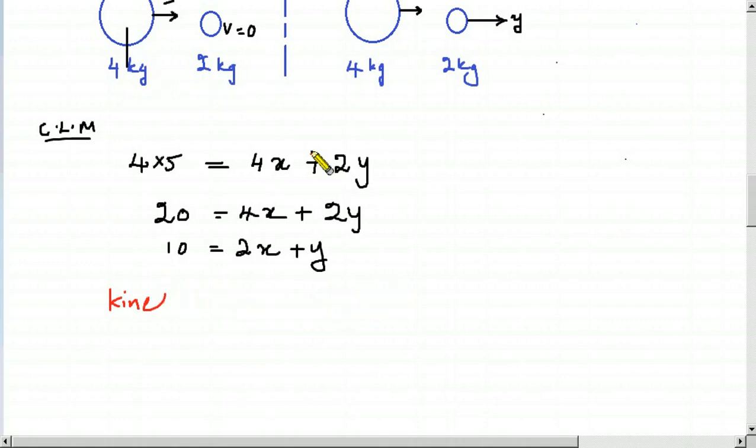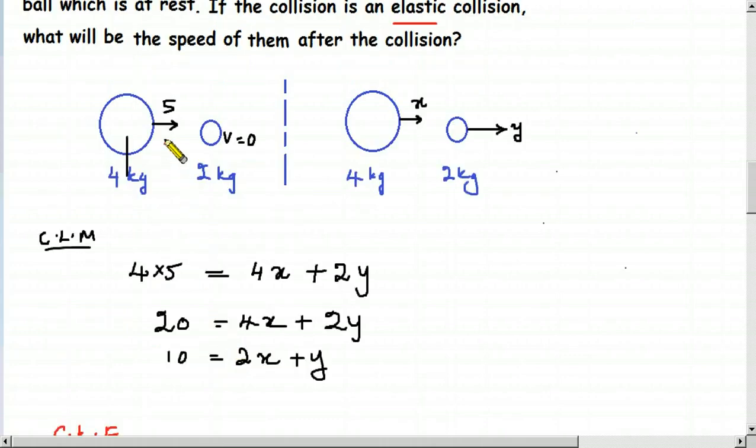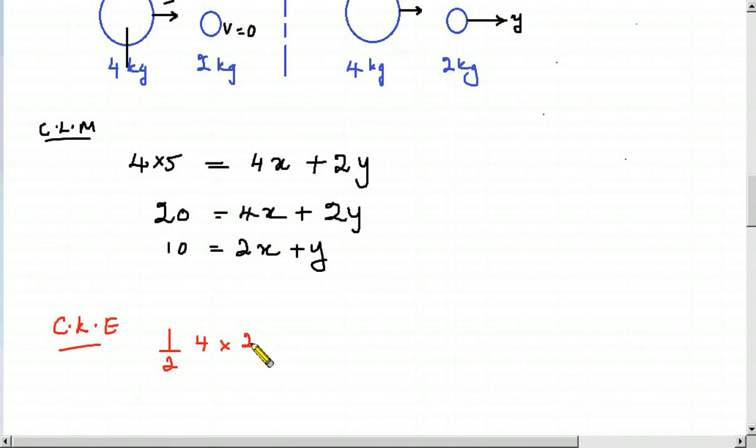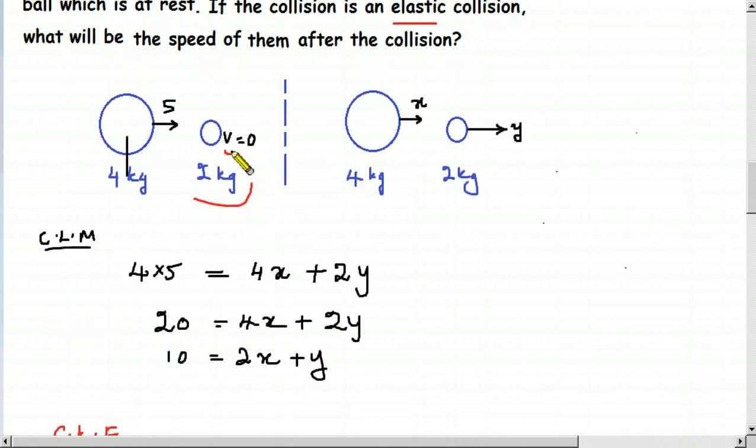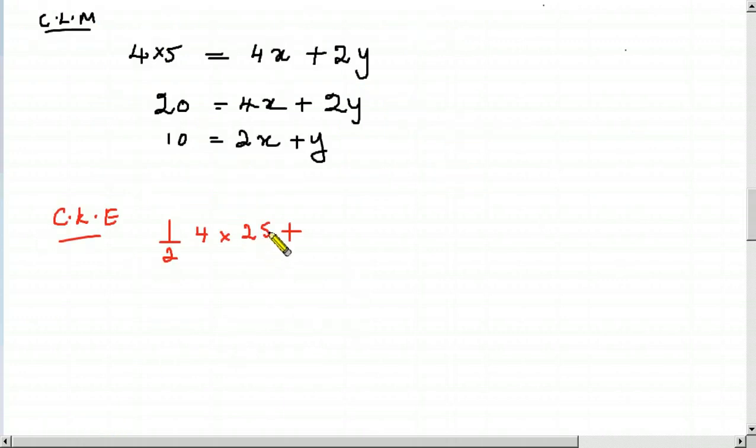So let us do it now. Conservation of kinetic energy is the topic. So what is half mv squared? M is 4 kilogram, v squared, v means 5, 5 times 5 is 25, plus this one is going to be 0 because the velocity is 0, therefore we don't have to write it, equals.